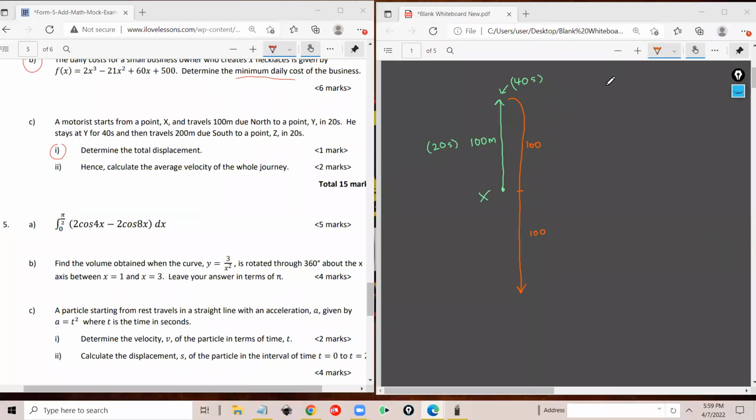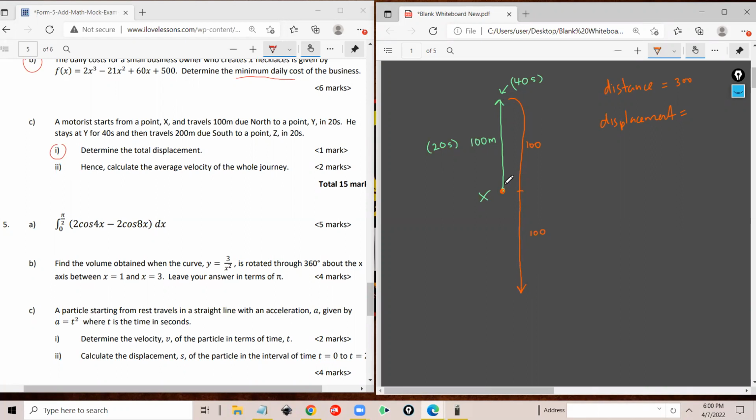If I ask you what's the distance moved, the answer would be 300, right? 100, 200, 300. That's the distance. But if I ask you what's the displacement, you see, displacement is like a vector quantity. When you go one direction, it's positive, and when you go the other direction, it's negative.